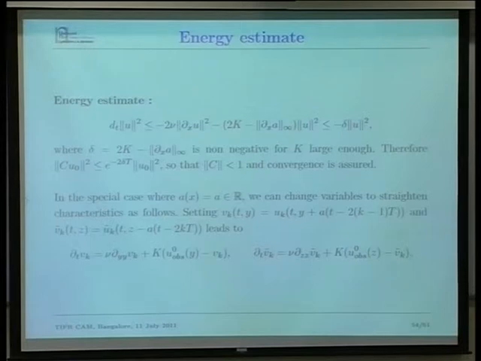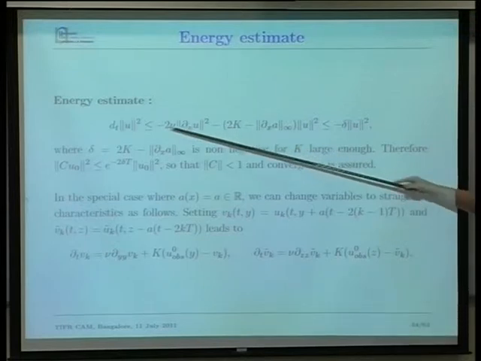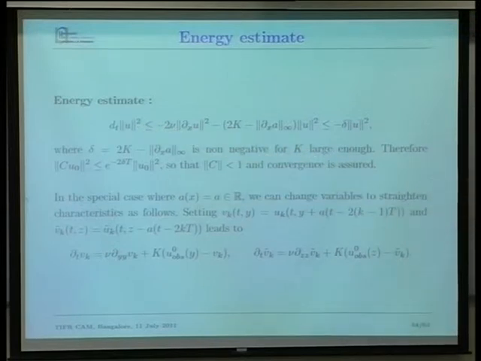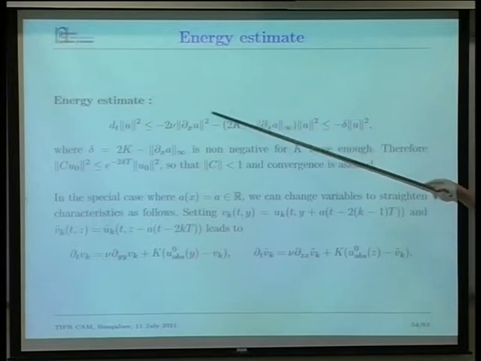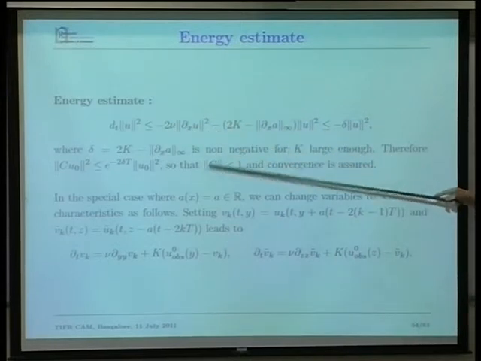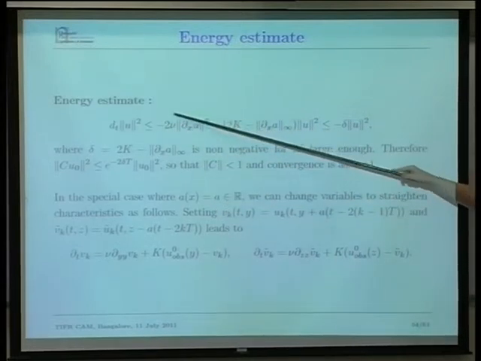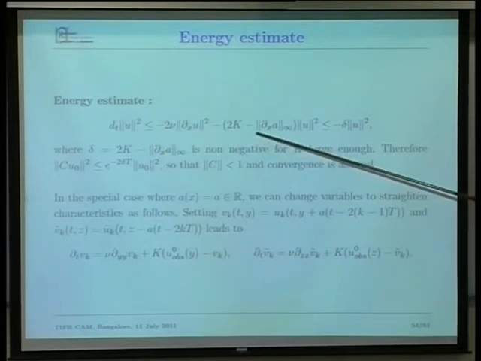So we can make some energy estimate. Here it's not exactly U, it should be the difference between the solution that you compute and the observations. But then the idea is that the diffusion is good, both in forward and backward mode, so this is negative, you can forget it.